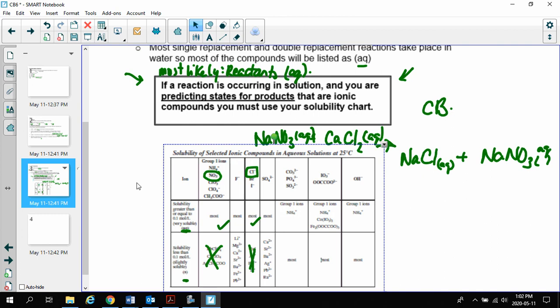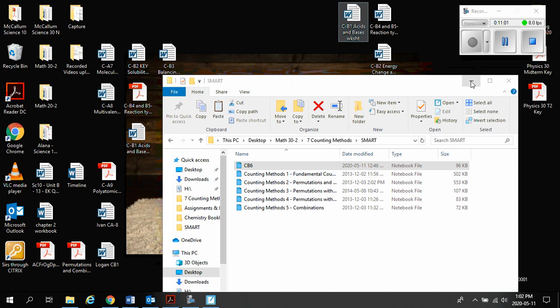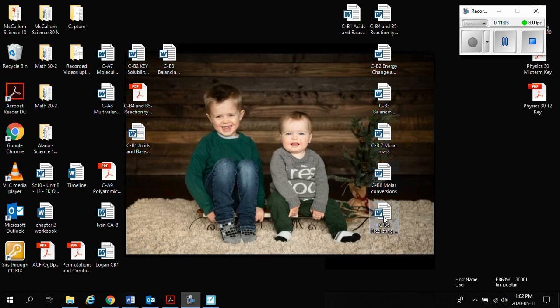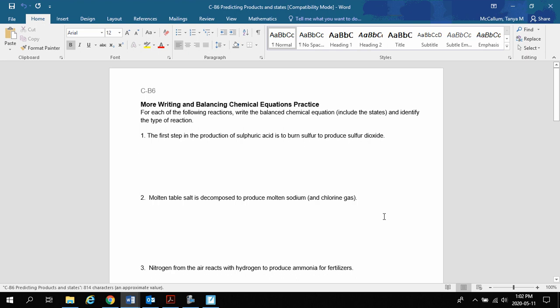So again, what you're going to need to do for that lesson, I'm just going to open it up quick on my desktop. For CB6, it's a process, but you can do it. We have all of these steps already. So what you need to do is think about what's happening. So the first step in production of sulfuric acid, I've lost my pen capabilities.